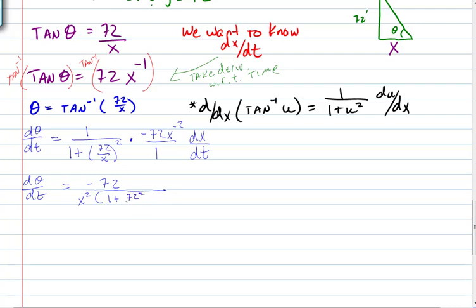Now I can distribute this x squared just to make life easier or harder. I don't know which. What's d theta dt? 0.25 degrees per minute equals negative 72 over x squared plus 72 squared, dx dt. Do I know a number for x that I can plug in?